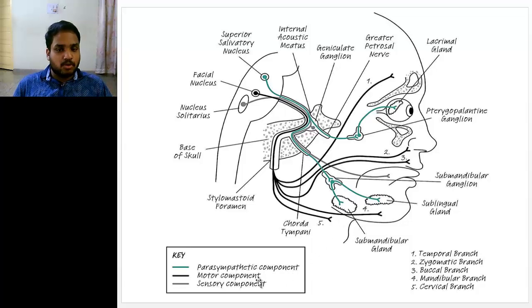So three components: motor component to the muscles of facial expression, sensory component that carries taste sensations from the anterior 2/3 of the tongue, that is via the chorda tympani branch, right? Via the chorda tympani branch, it carries the taste sensations. Fine. And parasympathetic supply to the lacrimal gland, the sublingual gland, as well as the submandibular gland. So these are the major functions. So what is the course of the facial nerve?